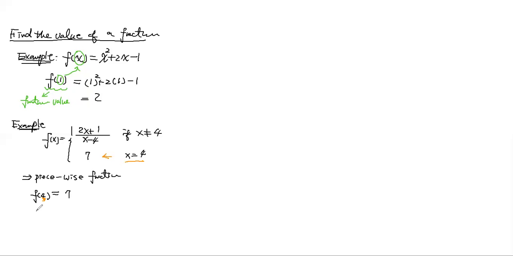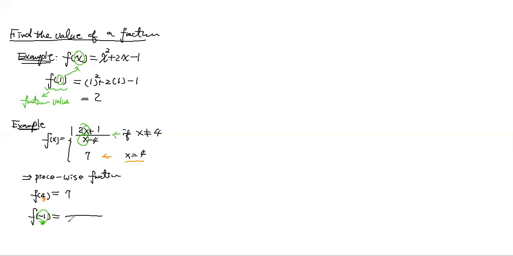All right, now let's take a look at f of negative 1. What is f of negative 1? So I go to this piece, for when x is not equal to 4. So when x equals negative 1, I will use that piece. Remember, like we did in the previous one, everything that is x you need to replace with negative 1, right?